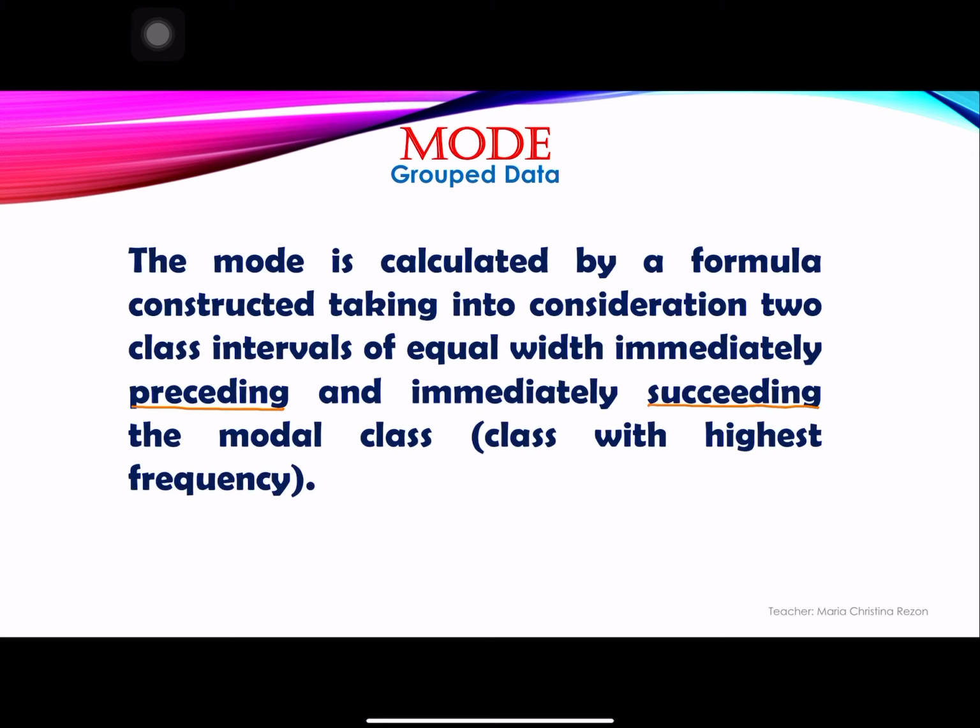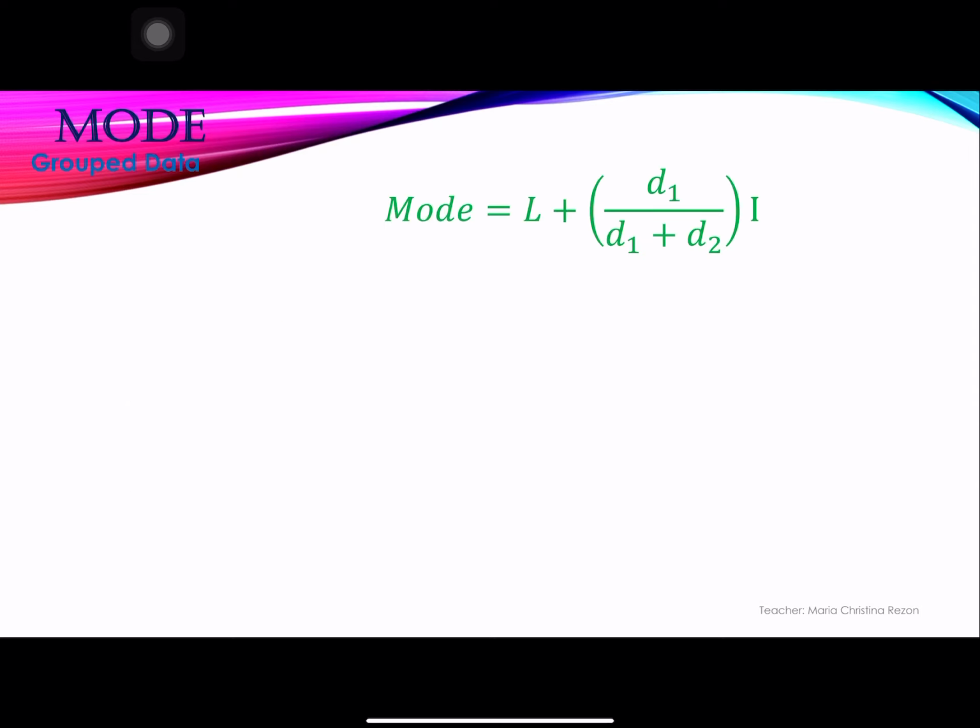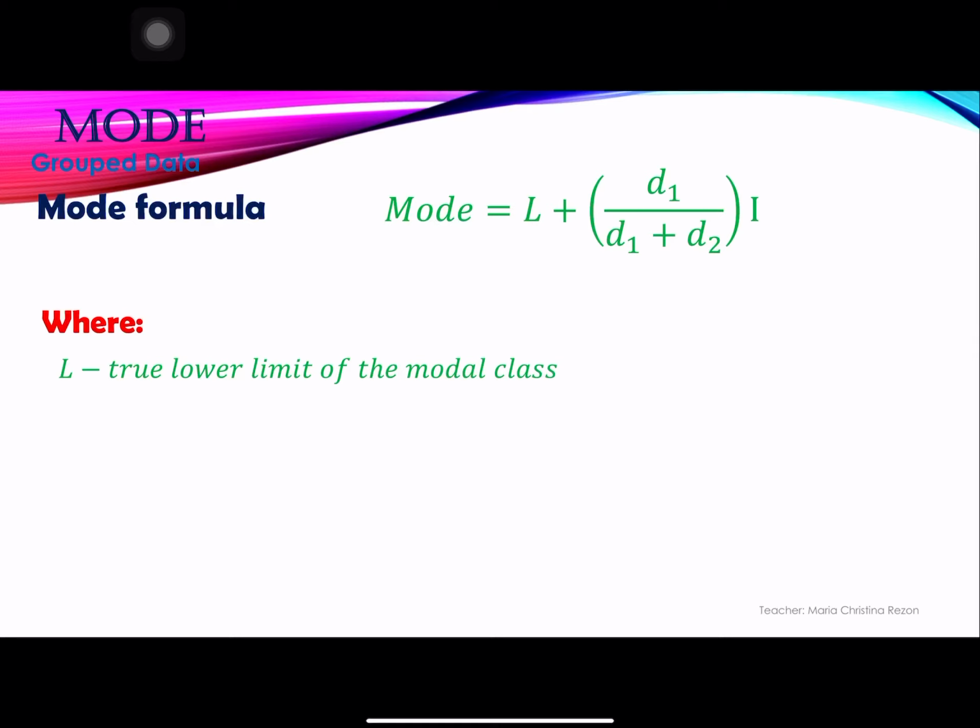So let's have that here. Our formula: mode is equal to L, which is the true lower limit of the modal class, plus d sub 1 over d sub 1 plus d sub 2, times I, which is the class interval, the class size, sorry.